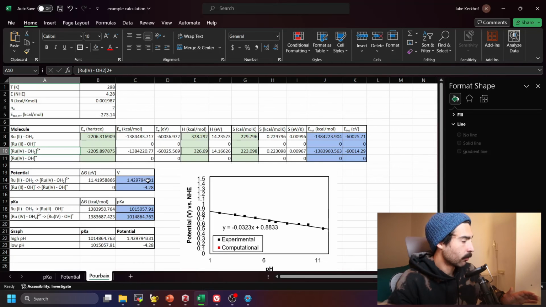And just like before, we have calculation of the potential between the ruthenium-2 aquo and the ruthenium-4 aquo, and the potential between the ruthenium-2 hydroxo and ruthenium-4 hydroxo. So this is calculated just like we did before. The pKa's are calculated just like before, from the ruthenium-2 aquo to the ruthenium-2 hydroxo, and from the ruthenium-4 aquo to the ruthenium-4 hydroxo.